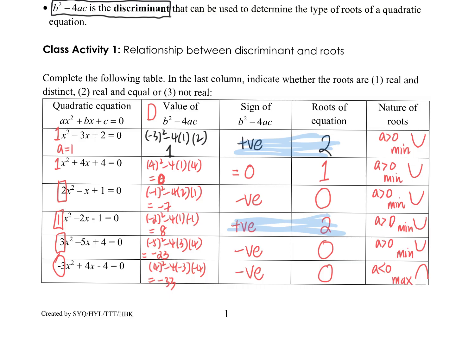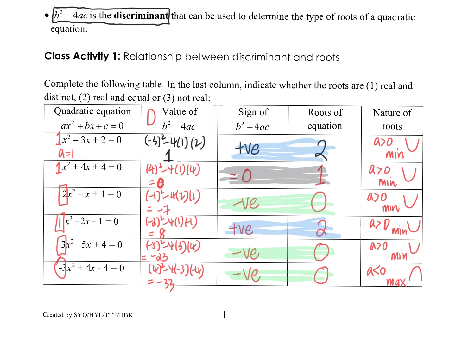If discriminant is negative, there's no real roots. And if it is equal to 0, you have 2 equal and repeated roots. So actually, there's only one solution. This activity is just to prove to you that this is the case. But you already learned this in 1.2. Nothing new here.